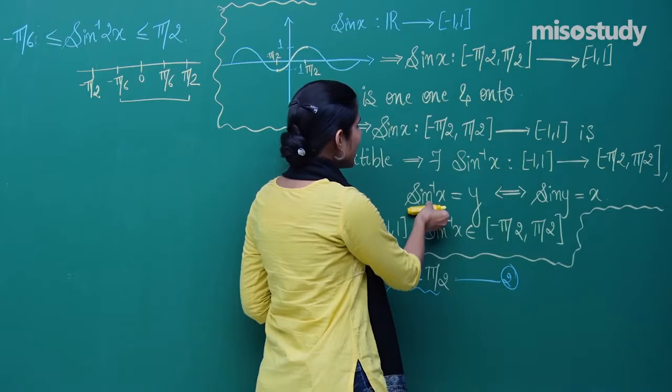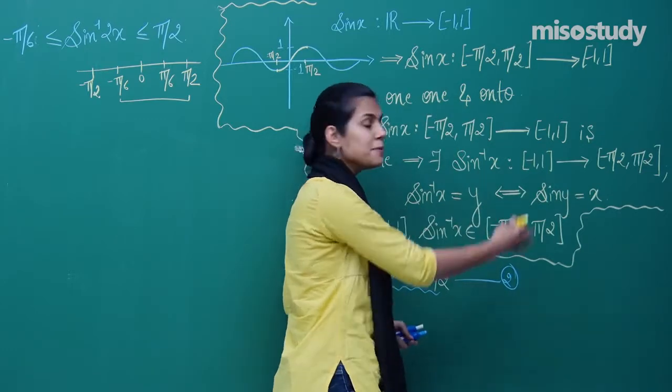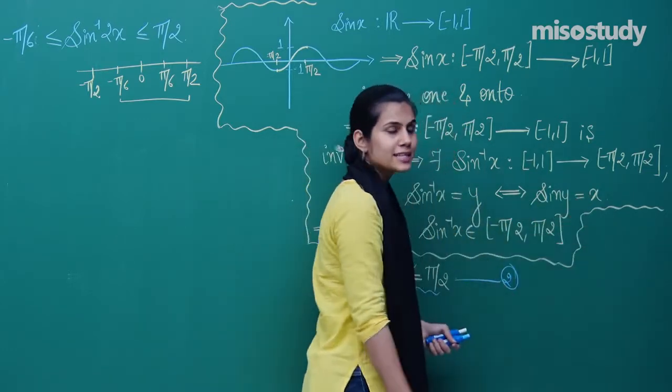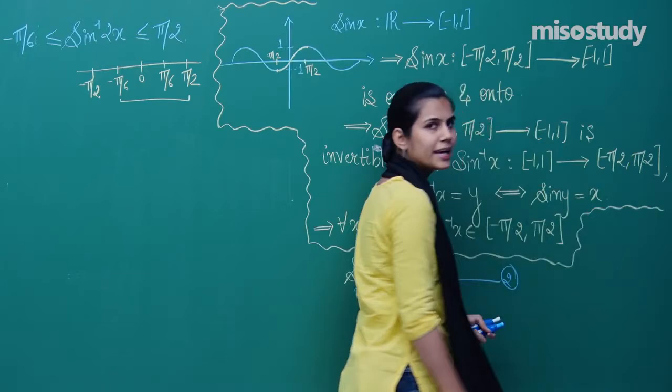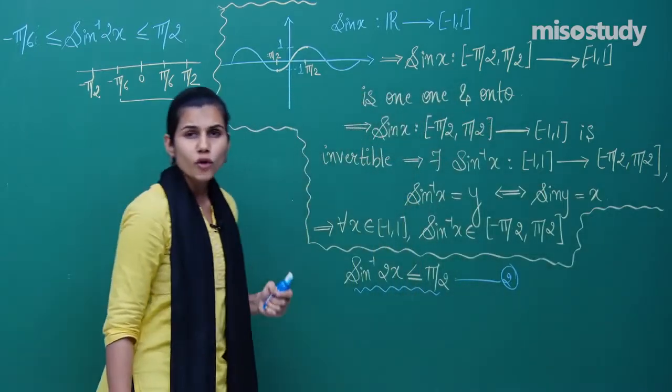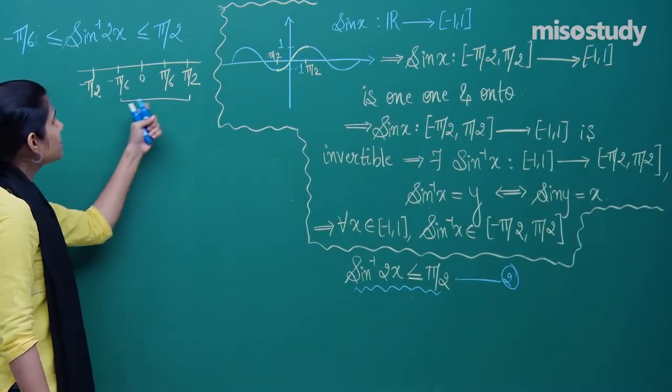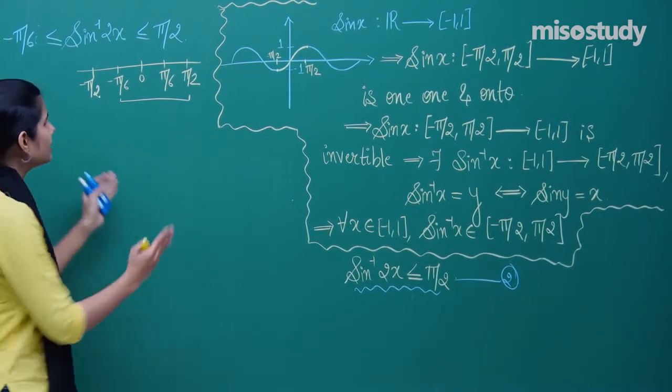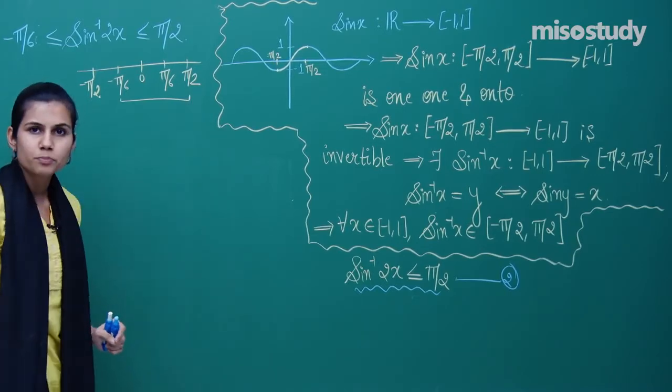That means sine inverse x equals y can be written as sine y equals x, provided we are working in this domain and this range, which is true over here because minus pi by 6 to pi by 2 is very much in the interval minus pi by 2, pi by 2.